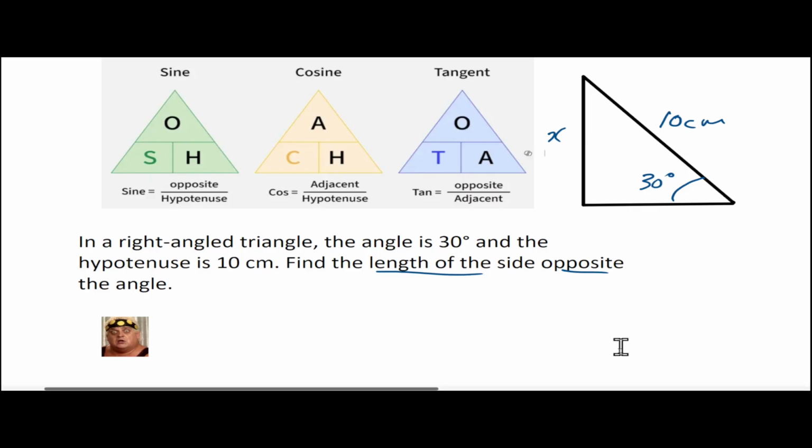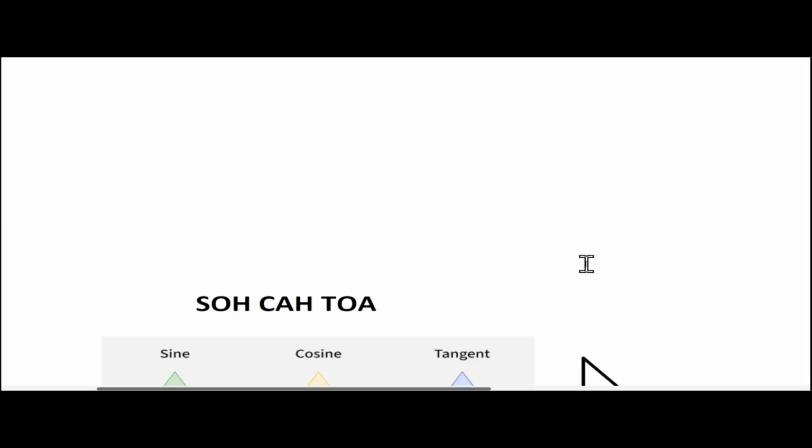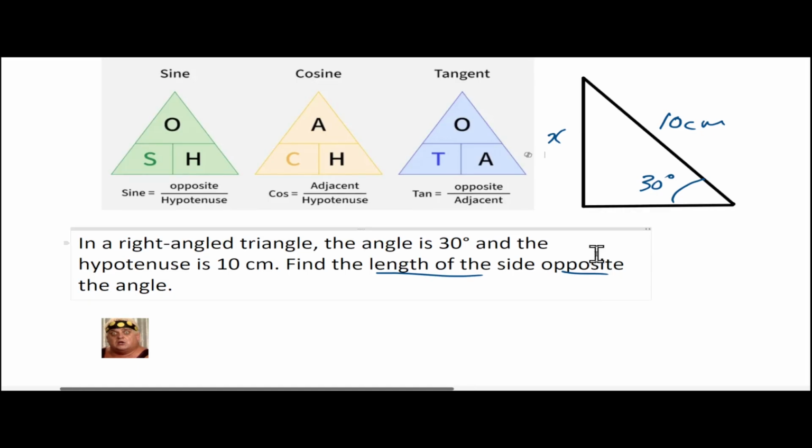So let's work out which one of these we're going to use first: sine, cos, or tan. So what have we got? Well, we've got the theta angle and we've got the hypotenuse, and we want the opposite.